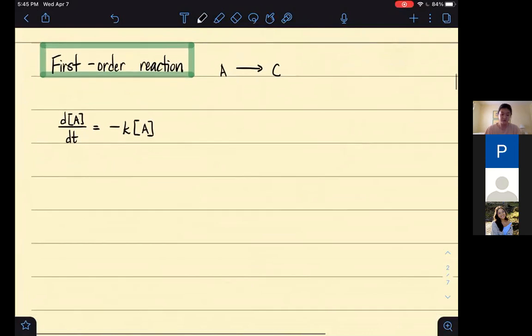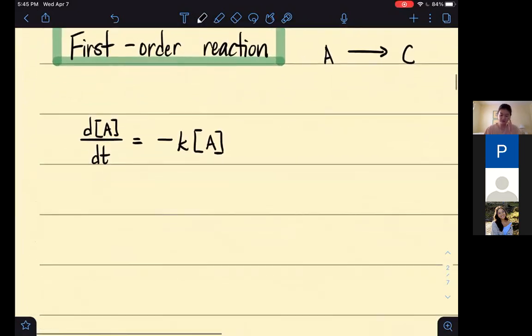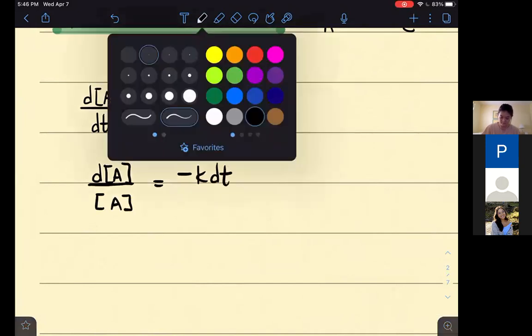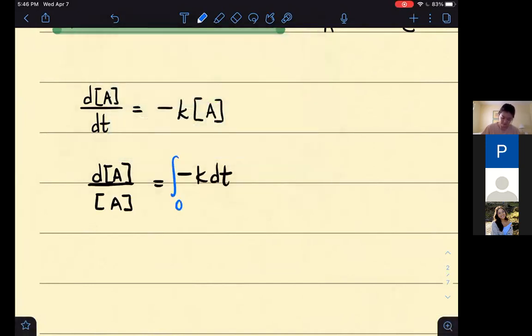Similarly, for a first order reaction, we have this rate law here, and again, the idea is to isolate A and to do integration. So isolating A, we should divide by the concentration of A and then multiply by dt. Then again, we do the same bounds.